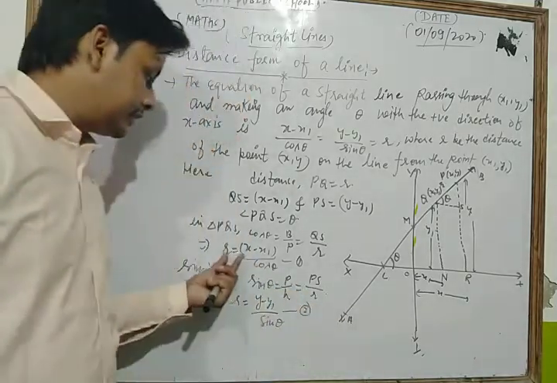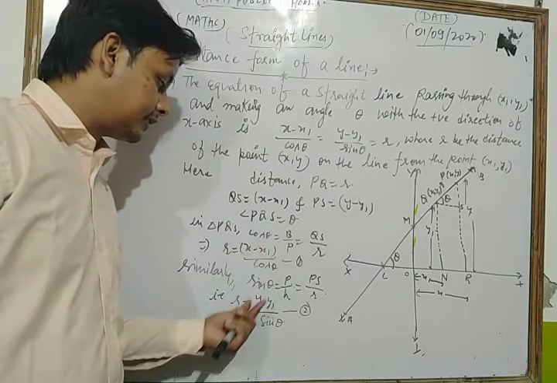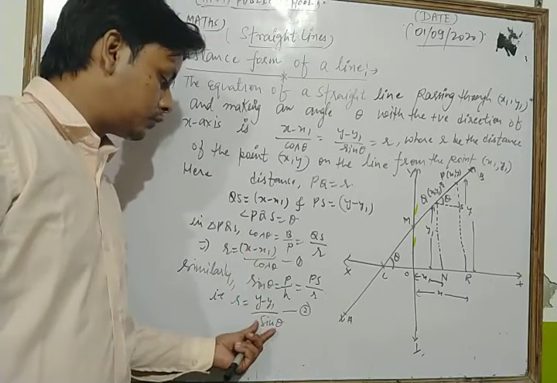Now, dear students, r is equal to x minus x1 upon cos theta, and this is also equal to r, which is equal to y minus y1 upon sin theta.